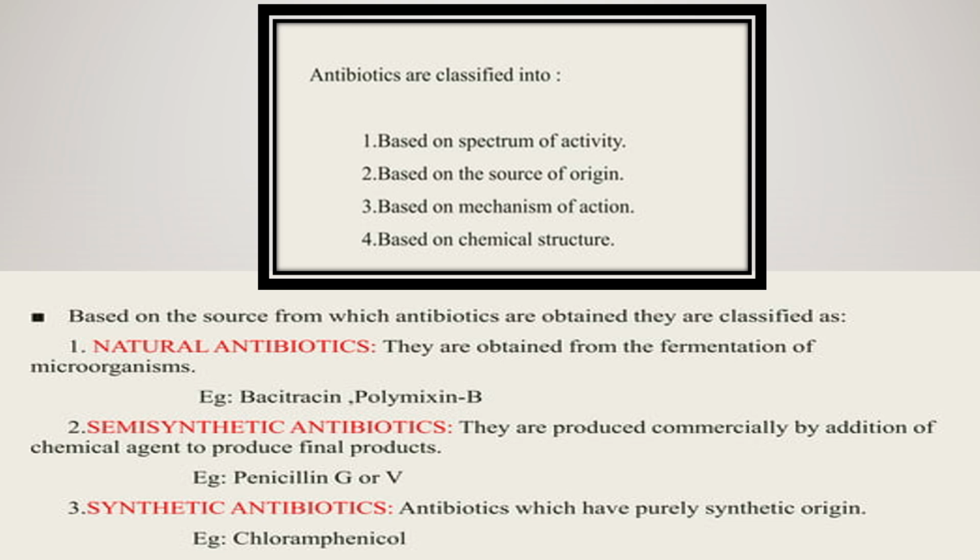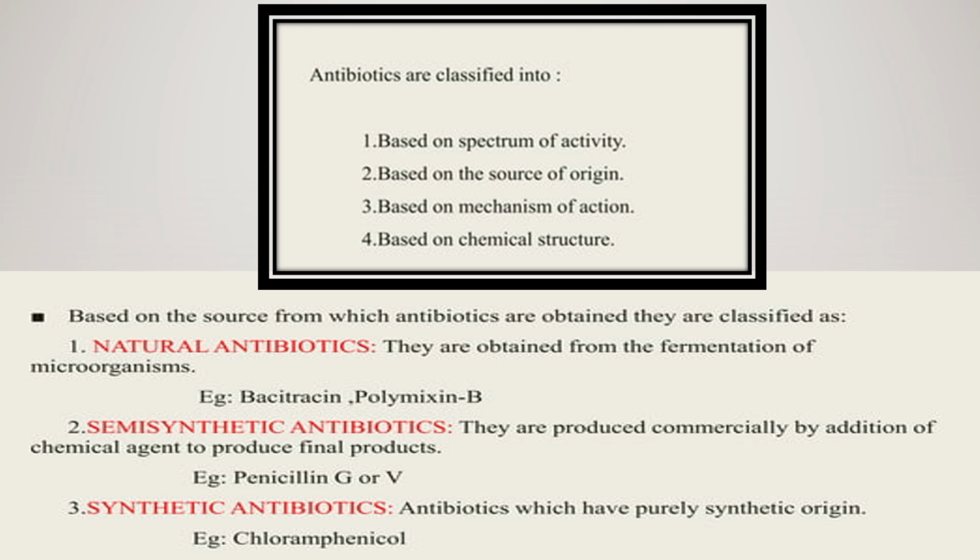They are produced commercially by adding a chemical agent to the final product. In the available compound we do 1 or 2 chemical reactions, so they may change their structure. Any modification through the addition of a chemical agent is known as the semi-synthetic procedure or semi-synthetic source of antibiotic.